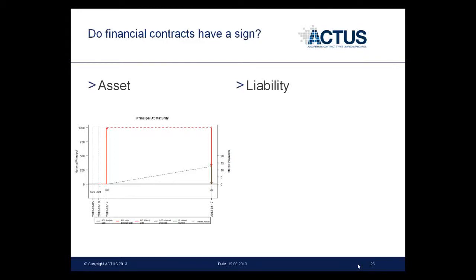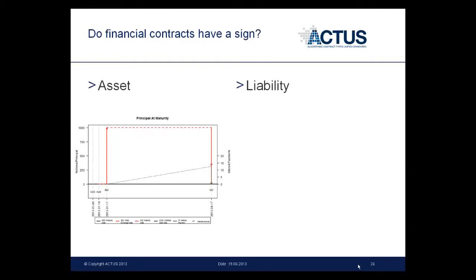We can see that even a single transaction seen from a single viewpoint, the creditor, has at the same time in and outflows. What sense does it make attaching a sign to a contract if every financial contract has, by definition, always in and outflows? Still, the signs do make sense.